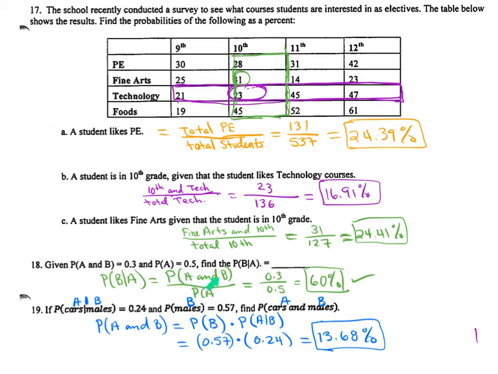Probability A and B was given to be 0.3. That goes on the top. Probability of A was given to be 0.5. That will go in the denominator. Then we just divide 0.3 by 0.5, and we get a probability of 60%.